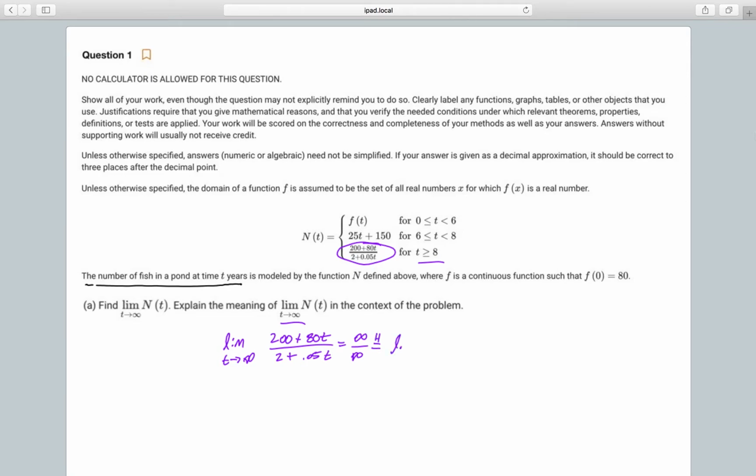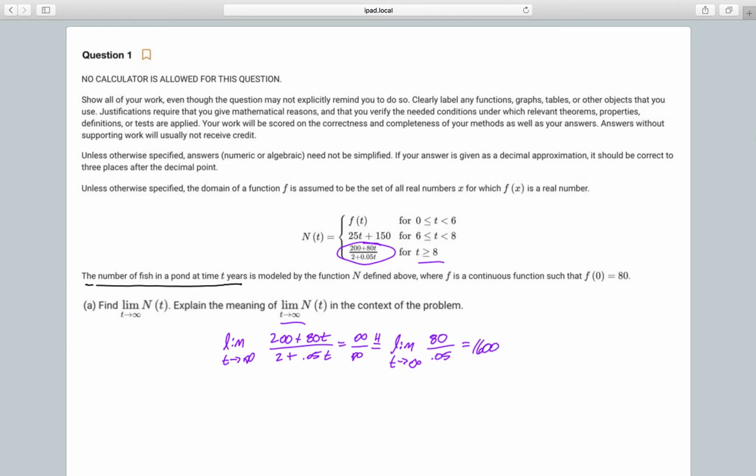Remember, L'Hopital's rule tells us to take the derivative of the numerator, divide by the derivative of the denominator. The derivative of the denominator is just going to be 0.05, and then we try to evaluate the limit again. So this is just a constant. If you throw that in your calculator, 80 divided by 0.05 is 1600.